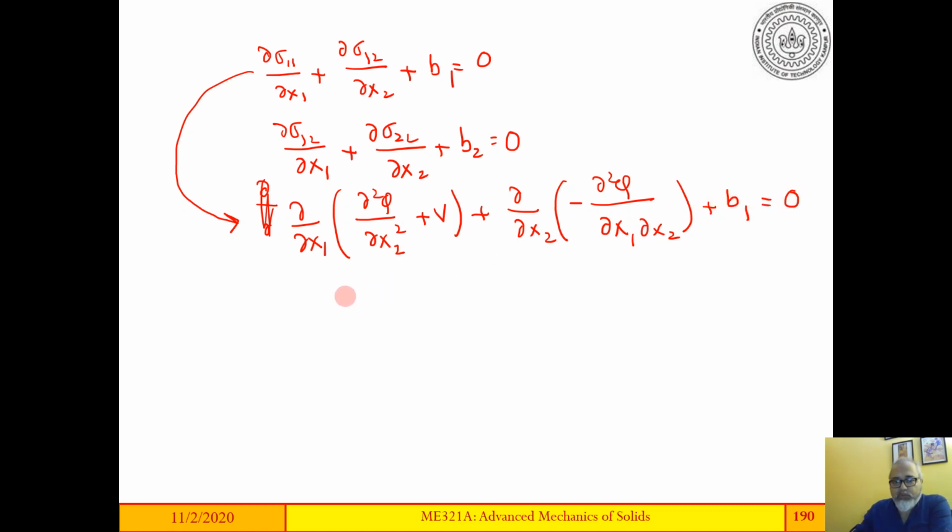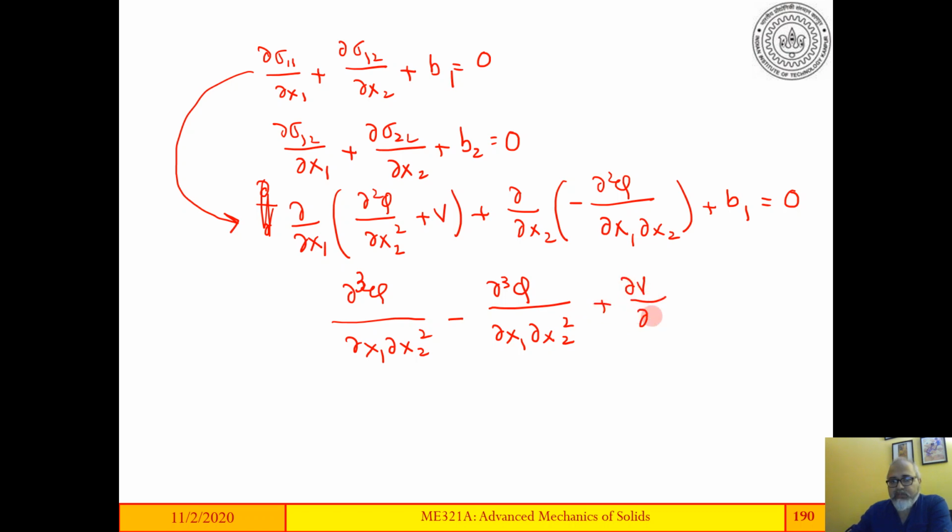This will give you del cube phi del x1 del x2 square minus del cube phi del x1 del x2 square, the order doesn't matter, plus del V del x1, and b1 is minus del V del x1, which means this cancels, and you have 0 equal to 0.